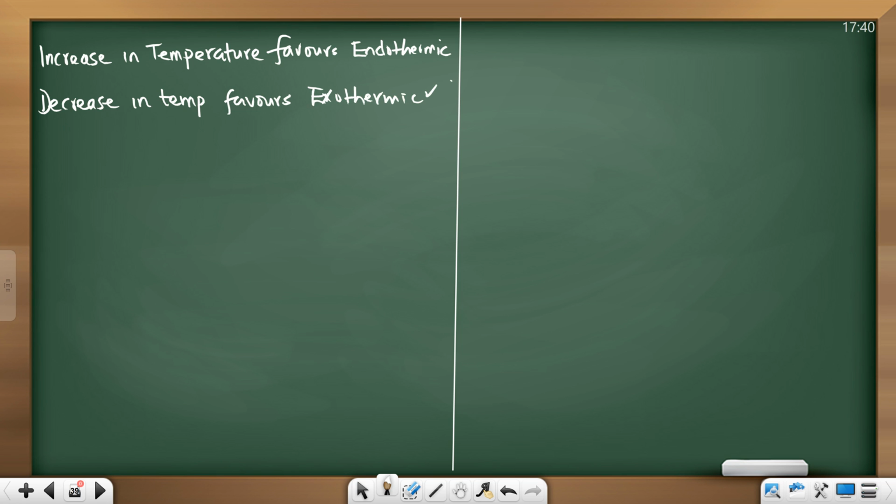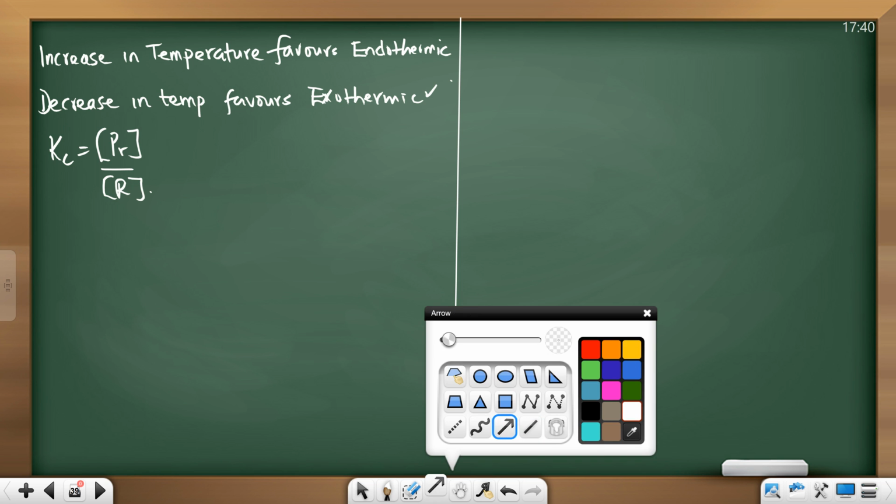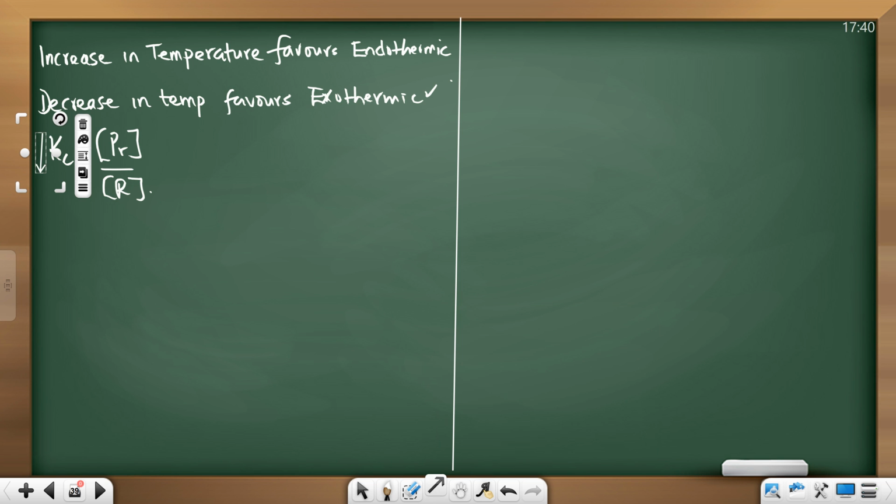Are we okay with this? All right, so we have our mark. Can you see I'm using the first statement as my guide? Did Kc increase or decrease? Kc decreased. If Kc value decreased, which one is favored?